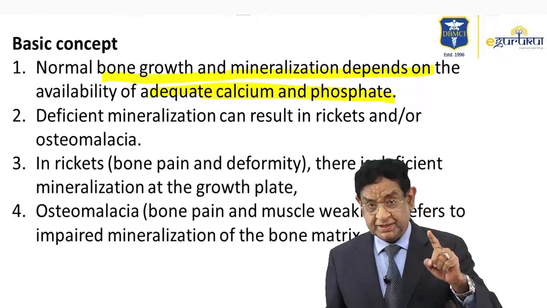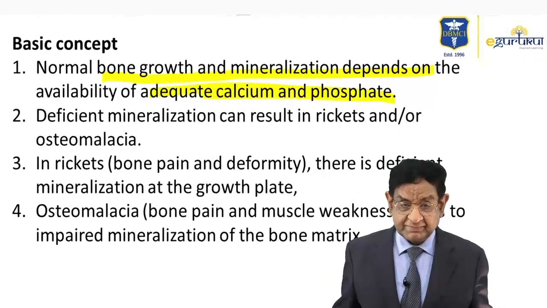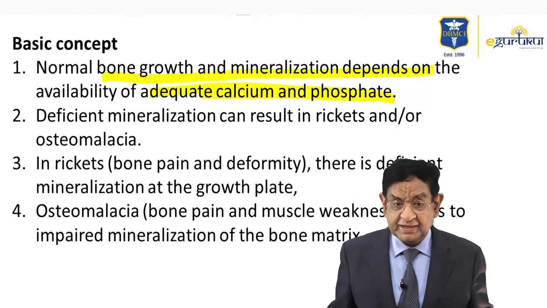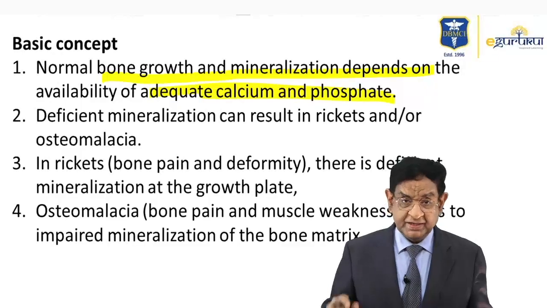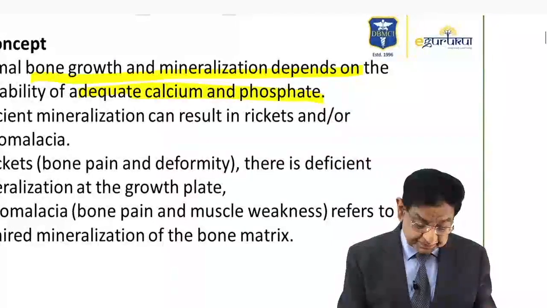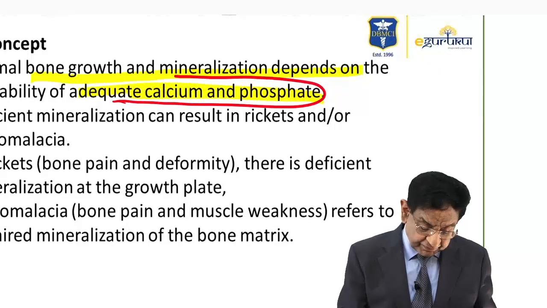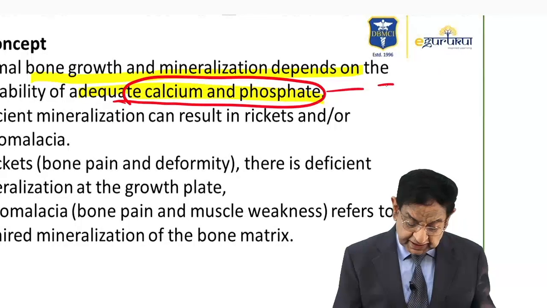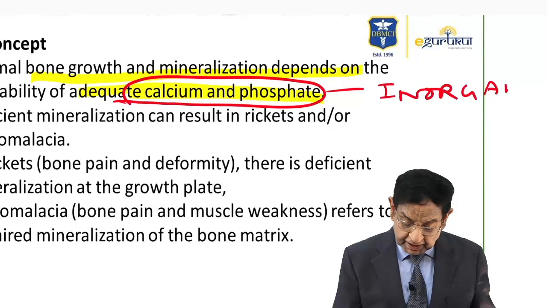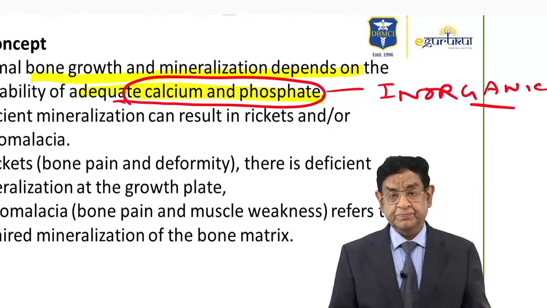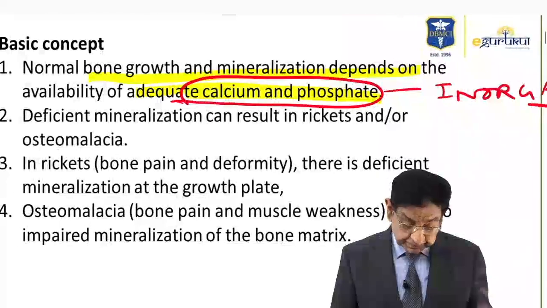Point to be noted: ultimately new cells are being formed, and calcium and phosphate should be there. For mineralization, what do we need? Calcium and phosphate. They are the inorganic part of the bone.